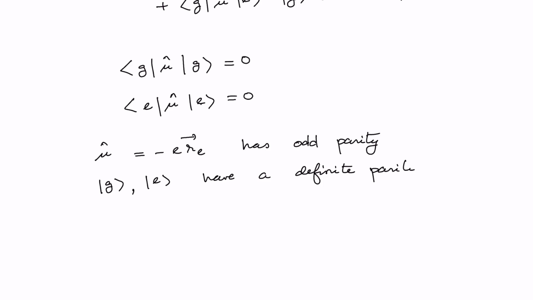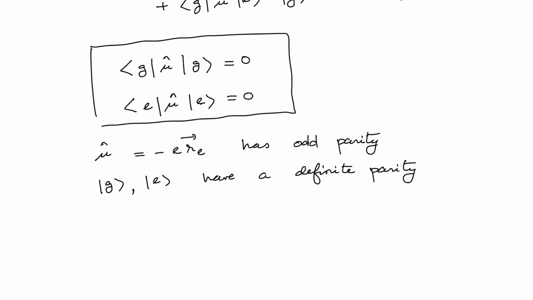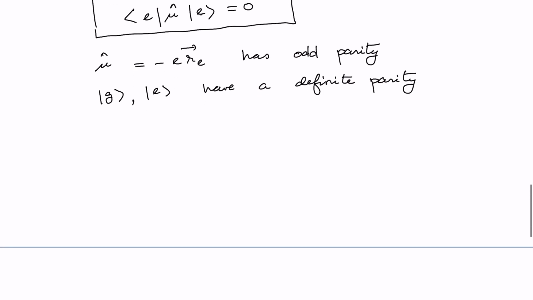Because of this reason, we can show that these matrix elements are 0. Let me explain it a little bit more clearly.